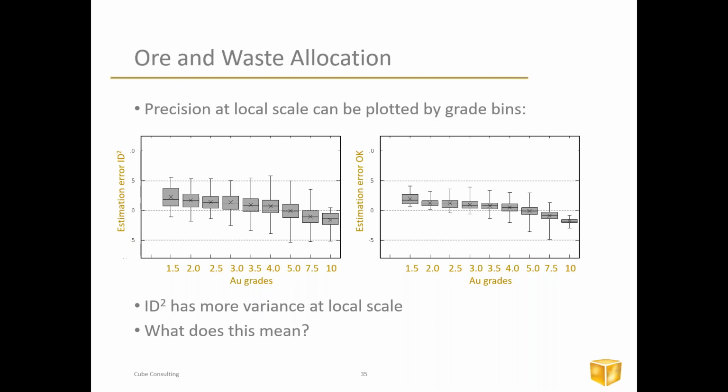First of all, the mean of the box and whisker plots for both the ID square and the ordinary Kriging is very similar. The other thing is the variance of the ID square for each of these grade bins is much higher. That means I have more variability, not just locally, spatially, but also between grade bins.